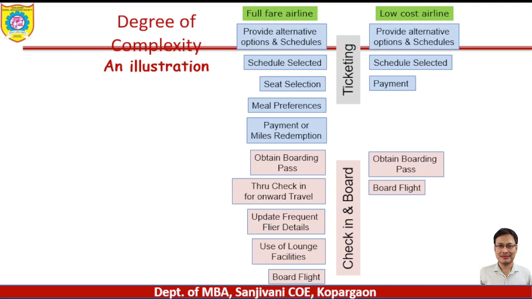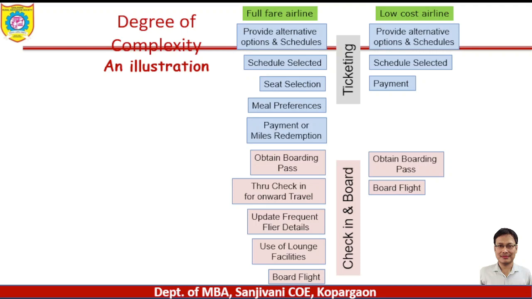In the case of the full fare airline, it's seen that there are multiple steps, more steps as compared to the low cost airline. Thus, this shows that there is a high level of contact, which increases the degree of complexity too.